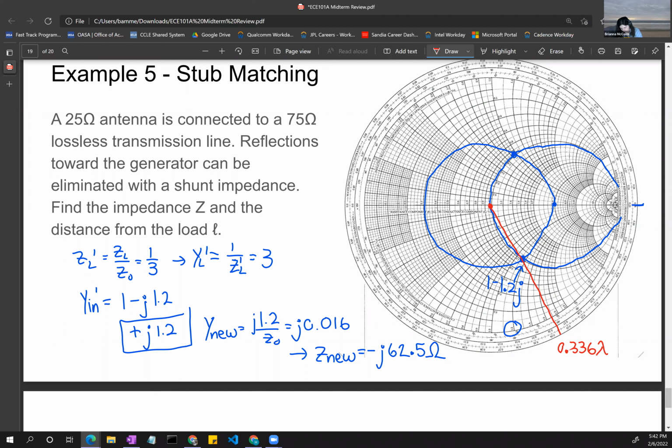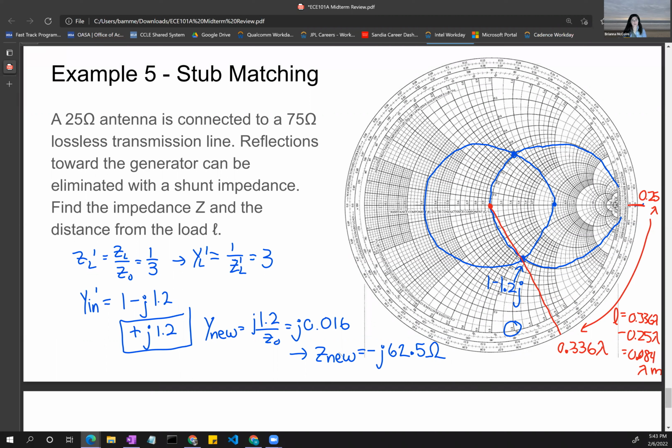And then our starting point was 0.25 lambda. And so the distance L here, L equals 0.336 lambda minus 0.25 lambda, which equals 0.086 lambda. And that's going to be in meters.